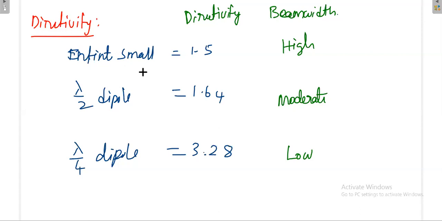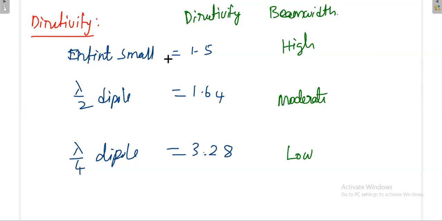Isotropic antenna, because a point antenna means isotropic antenna that will radiate in all directions. That's why the limiting condition of infinitesimal small antenna, when length is very, very small, is the isotropic antenna. Definitely the isotropic antenna will have high beam width, and you know that isotropic antenna directivity is very less, definitely 1. Here it has directivity of 1.5. That means compared to these two antennas, this is similar to isotropic antenna.